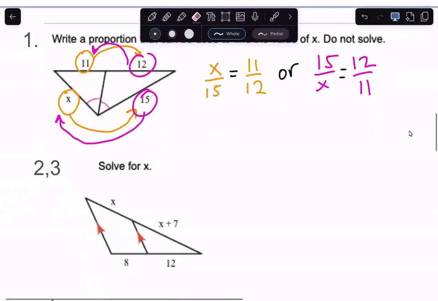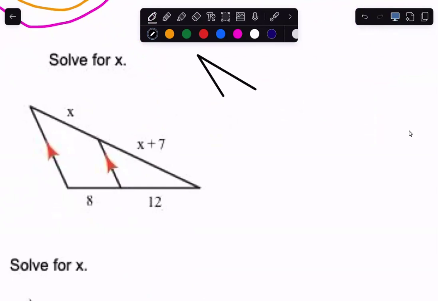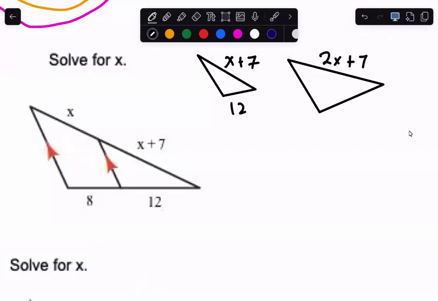Okay. For numbers 2 and 3, this one's asking you to solve. So it's the same thing. If it helps, just redraw the picture, but you don't necessarily have to. In this case, I'll just redraw it. So that's the small one, x plus 7. This is 12. And then the big one would be 2x plus 7, and then 8 plus 12 is 20.